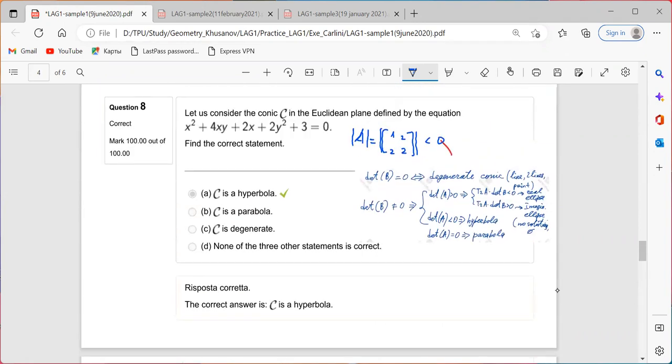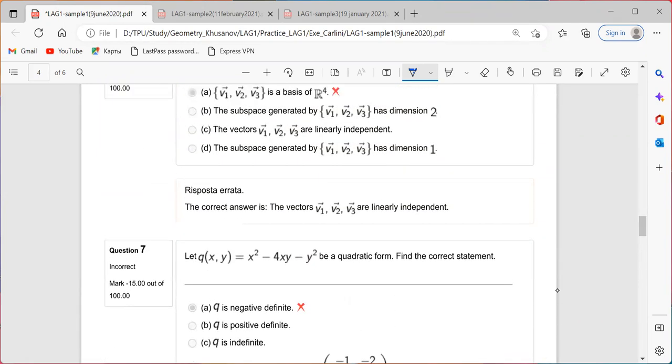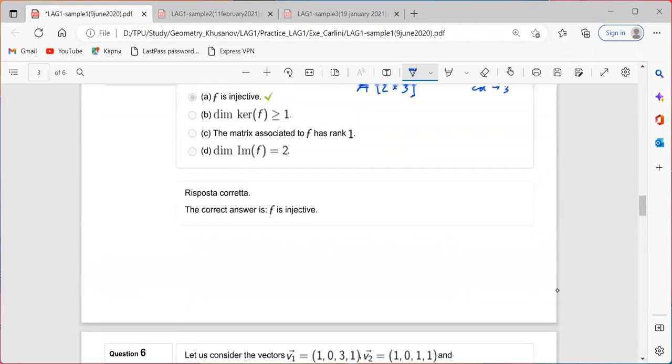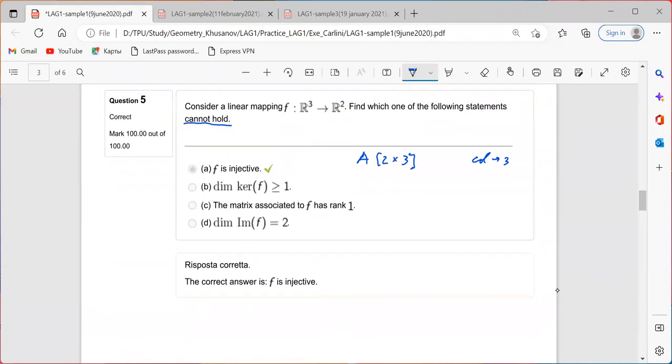And in this situation, the matrix will be injective if and only if the kernel of this matrix will be just the 0 space. But it cannot be correct. Why? Because the dimension of the kernel will be the nullity, and we have the formula nullity plus rank should be equal to the number of columns. Now it will be just 3.